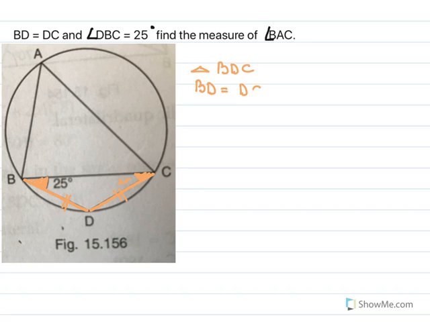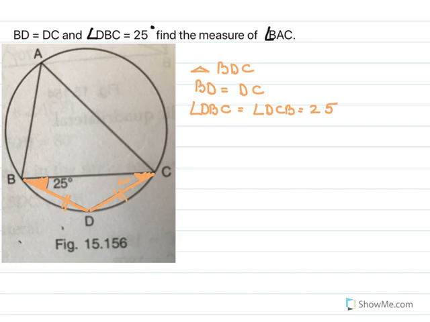BD equal to DC. Therefore, two sides equal means two angles are equal. Which two angles are equal? We know DBC will be equal to DCB. DBC equal to angle DCB equal to 25.